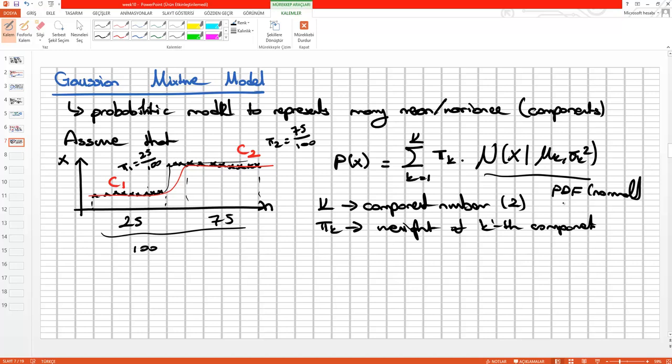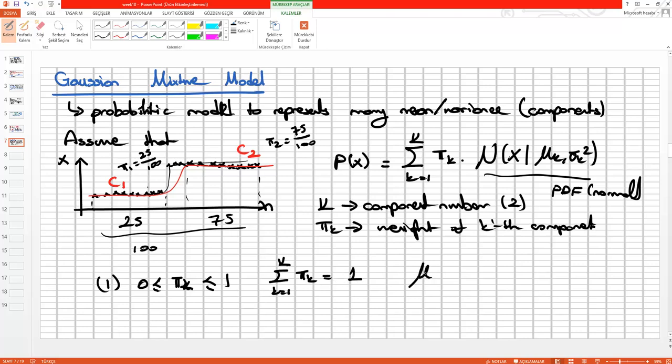And if we have this condition, then in this mixture model we have two conditions like this one. We have Pk, which should be between 0 and 1. And also the sum of Pk, k equal 1 up to K classes, must be equal to 1, right?